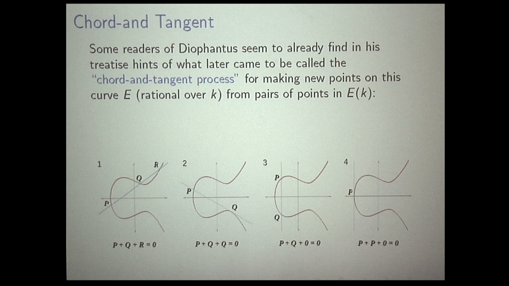And so if the two points are rational, that third point will be rational over whatever field the elliptic curve is. And so you get a binary relation as depicted by these pictures. You can do this either for two points, or as a tangent line, thinking of those two points as equal, and you still get such a thing.